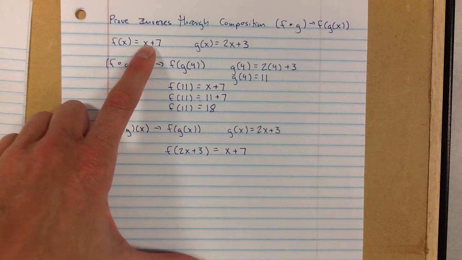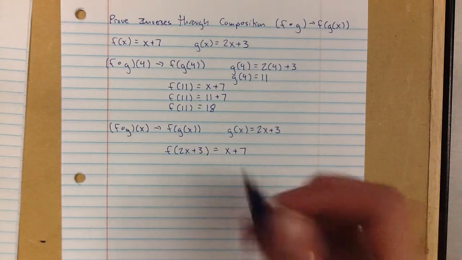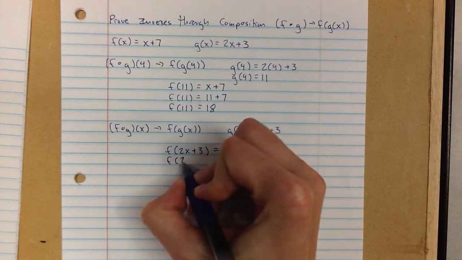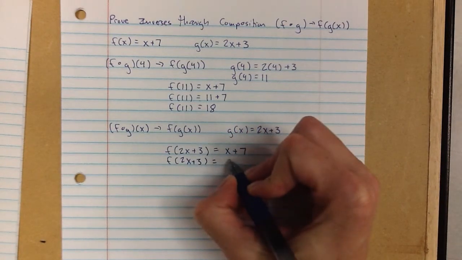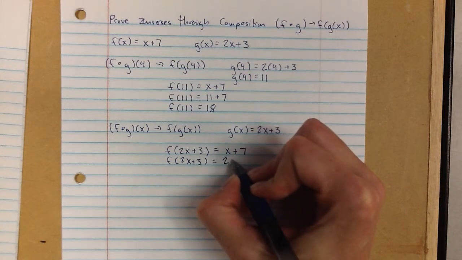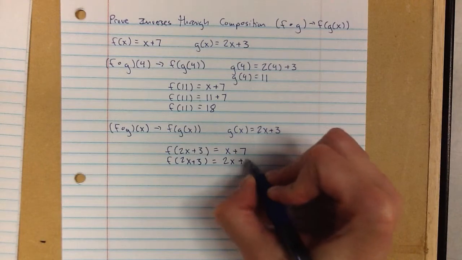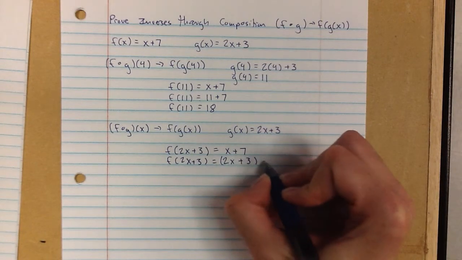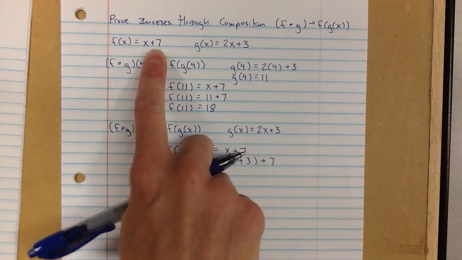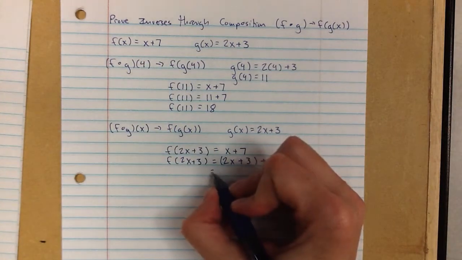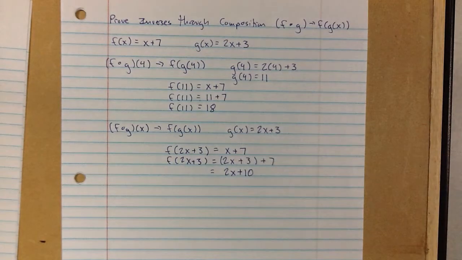So 2x plus 3 is going to go where this x is. So f of 2x plus 3 equals 2x plus 3, that's where x was, plus 7. Where'd you get the 7? Right here, part of the original. And I get 2x plus 10.